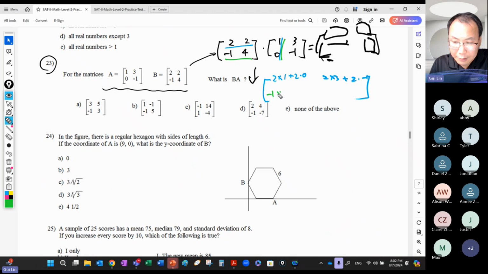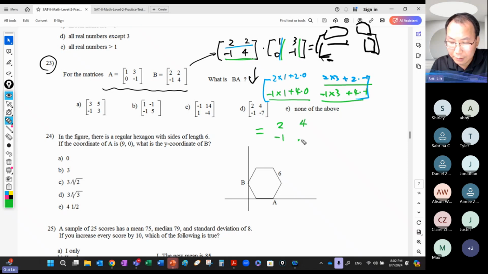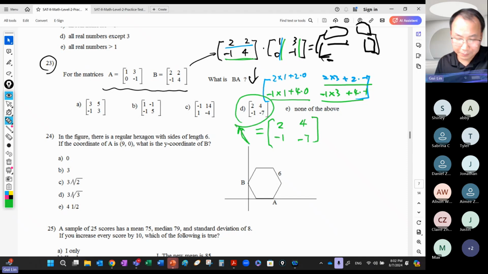Right? -1 times 1 plus 4 times 0. Second one would be -1 times 3 plus 4 times -1. So here is 2, here is -1, here is 4, and here is -7. Right? Which one matches up? This one, right? This one matches up.